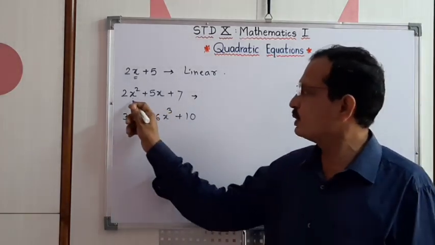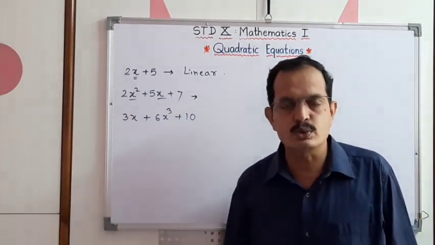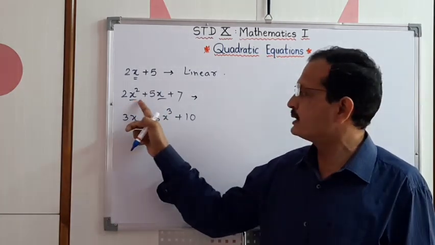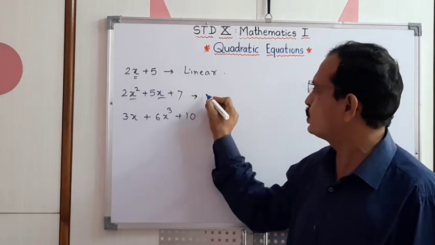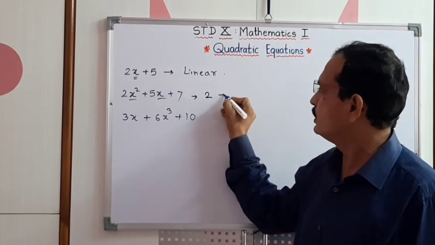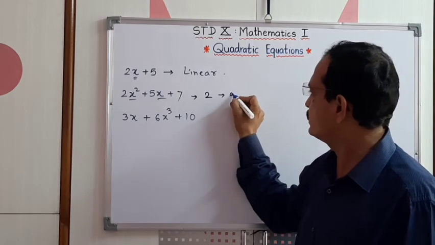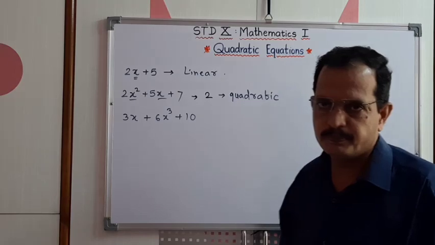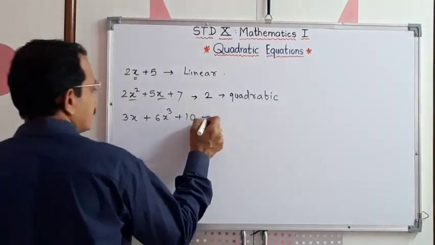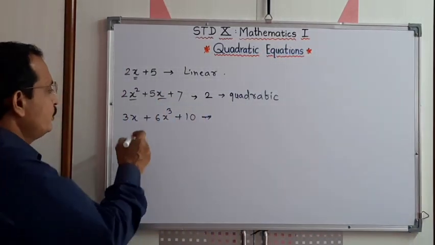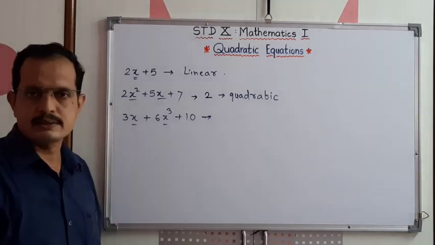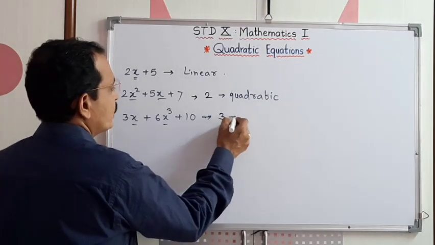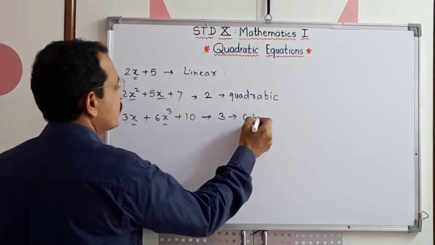In this case there is one variable x, and the maximum index of that variable is 2, and therefore this polynomial is called a quadratic polynomial. In the third polynomial, the variable is x and the maximum degree of the variable is 3, therefore we call it a cubic polynomial.